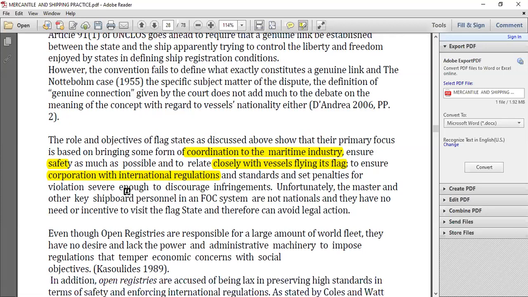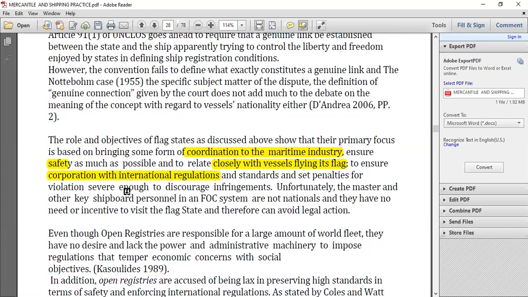So unfortunately, the master and the other key shipboard personnel in the flag of convenience system are not nationals, and they have no need or incentive to visit the flag state, and therefore can avoid legal action. Remember, these people are not Maltese, not Panamanians, not Liberians.